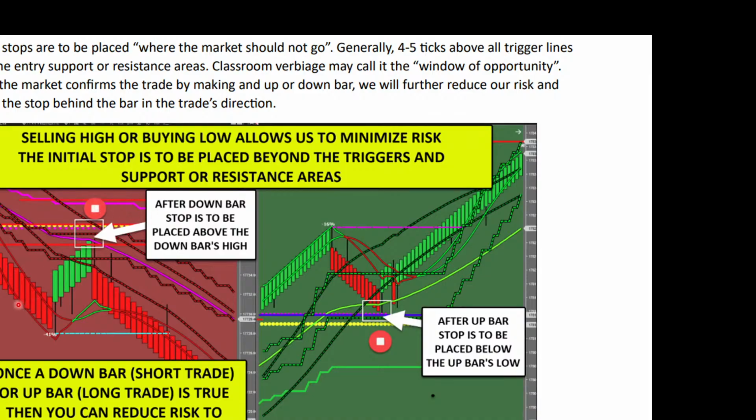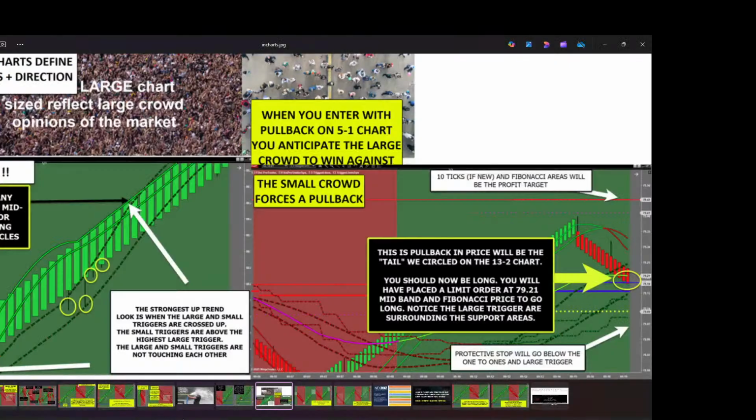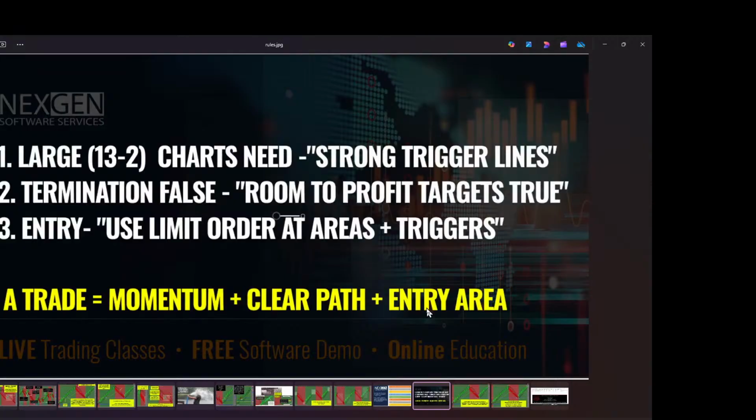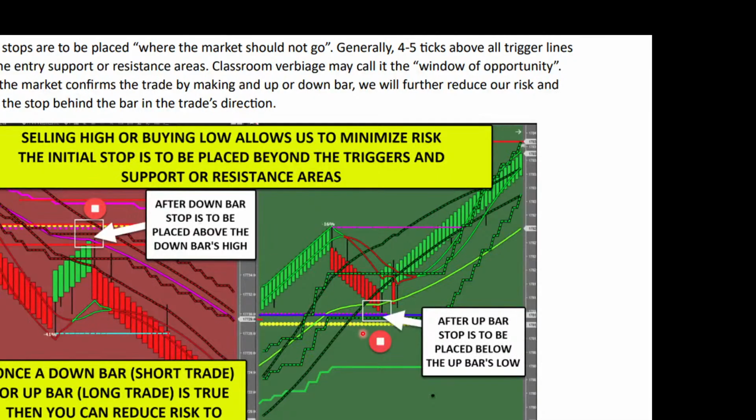Because if you have strong triggers, if you have a clear path, if you have an entry inside of those triggers, what you've done is you've described a pattern that typically wins up to 70 to 80% of the time, which means 20 to 30% of the time, they're going to get you. But because of your precision through rule number 3, you're going to take smaller losses. You're not going to put stops $1,000 off in the distance hoping the market goes up.